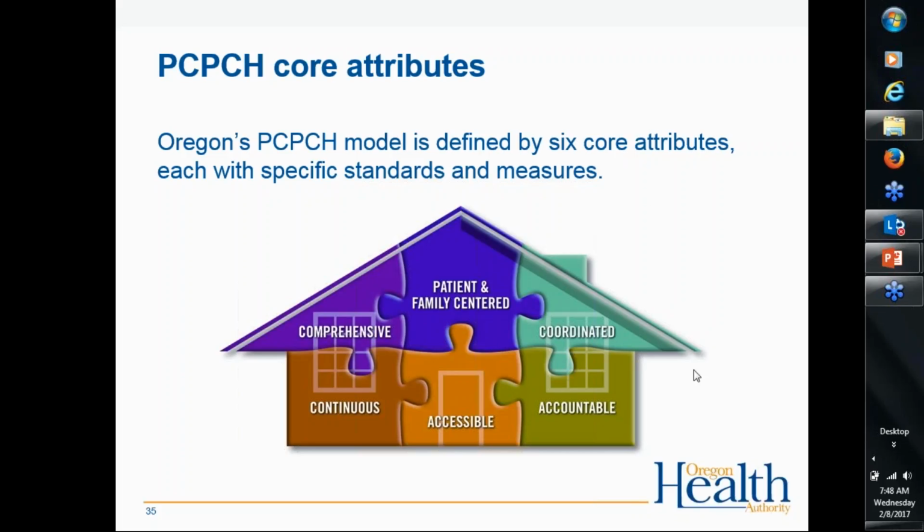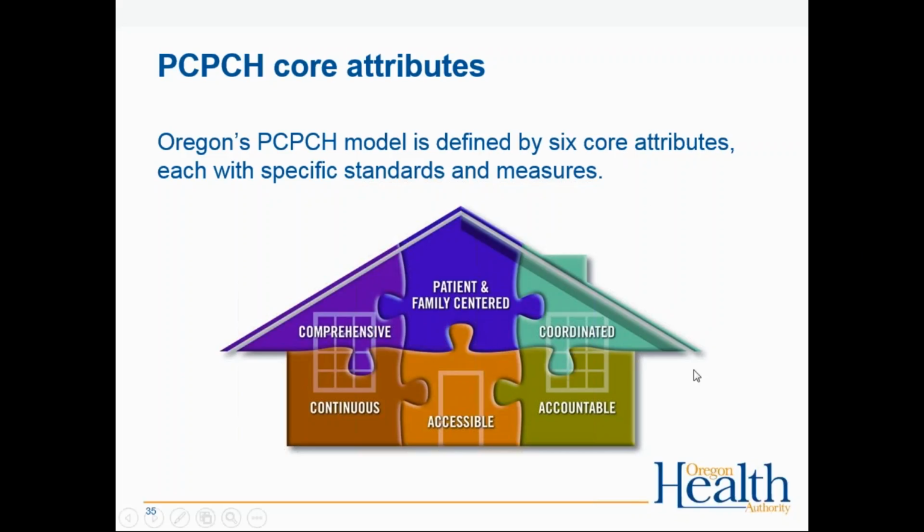It's a clinical model that is based in strong, really robust evidence throughout a number of decades that shows us that care that is accessible, care that is well coordinated, care that is comprehensive and continuous, those are 4 of the core attributes of the patient-centered primary care home model.